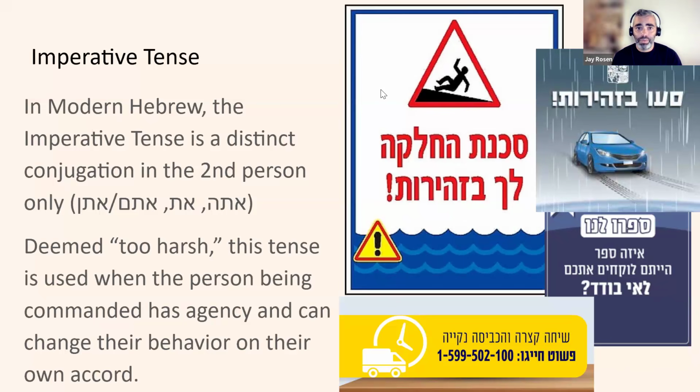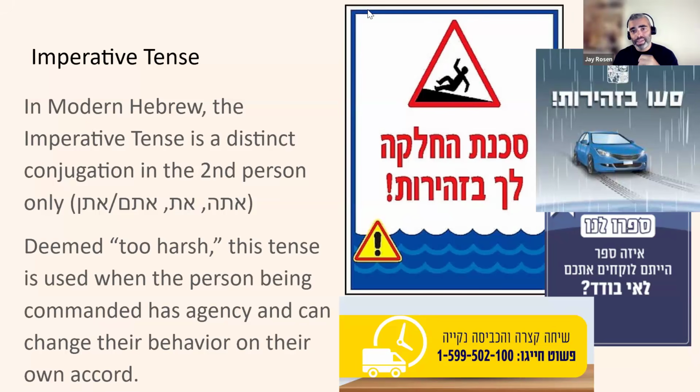What happened in modern Hebrew? One of the things that has changed in modern Hebrew, there's a couple things that make modern Hebrew distinct from medieval and biblical Hebrew. One of them is the imperative, because we no longer use the imperative for every single verb under the sun. We just don't. One of the reasons, there's a couple, but one of the reasons is it was deemed too harsh.